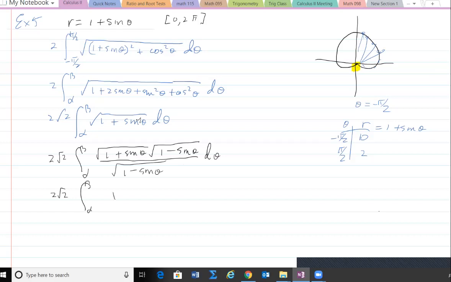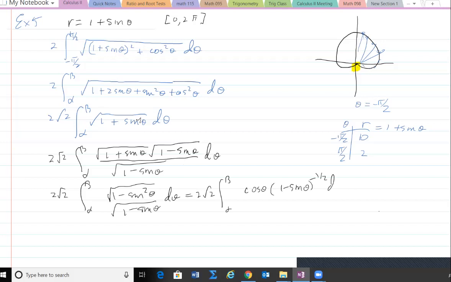And that would give us a 1 minus sine squared up top, and down here we just had that 1 minus sine theta. But that's 2 root 2, alpha to beta. We have the cosine up there, and I'm going to write this as 1 minus sine theta with a negative half. And now we can see what's in front of us.